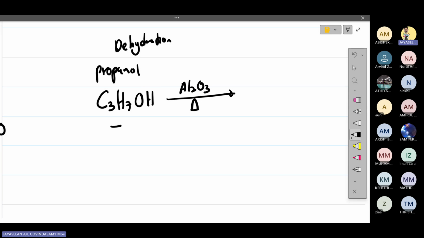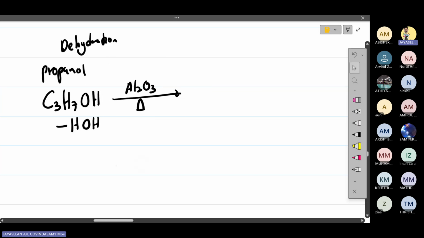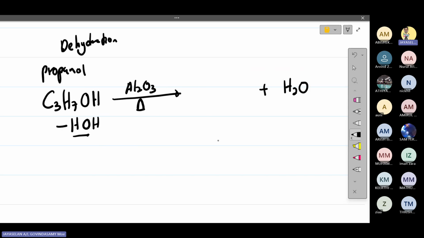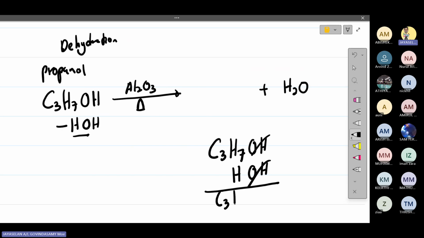Put here minus HOH. After removing HOH, you put the water here. Got it? So how to remove it? C3H7OH minus HOH. What do you get? C3H how many? 7 minus 1 is 6, right? So you put here C3H6. That's all. Any question?